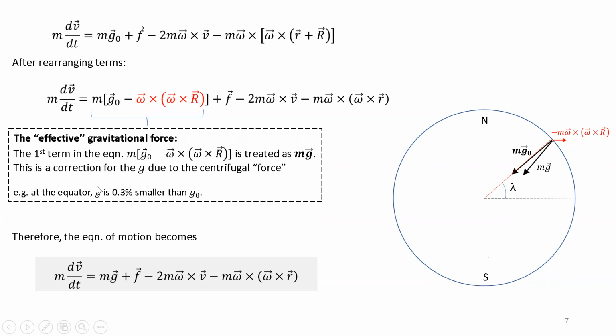But even so, at the equator, g is about 0.3% smaller than g naught. And if you're standing at the North Pole or South Pole, there is no correction.